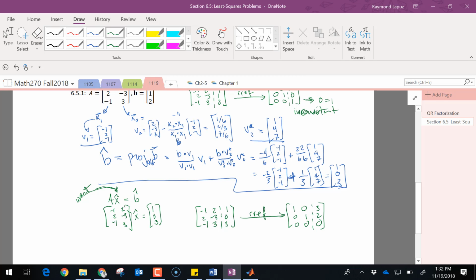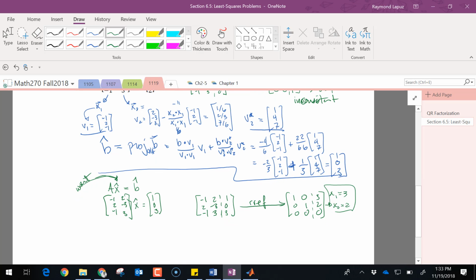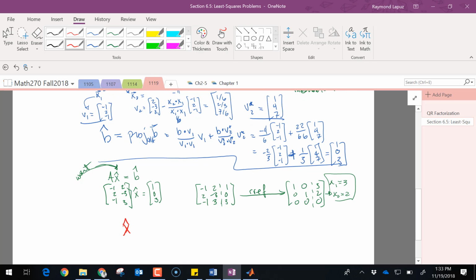And over here, I get x2 is equal to 2, and then x1 is equal to 3. So those are my solutions. Those are my x hat vector, 3, 2. This is the vector that's going to get us closest to our B vector.